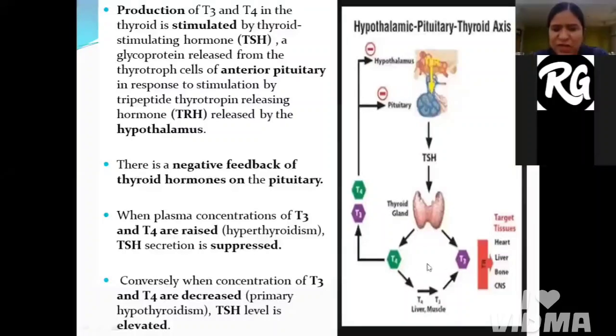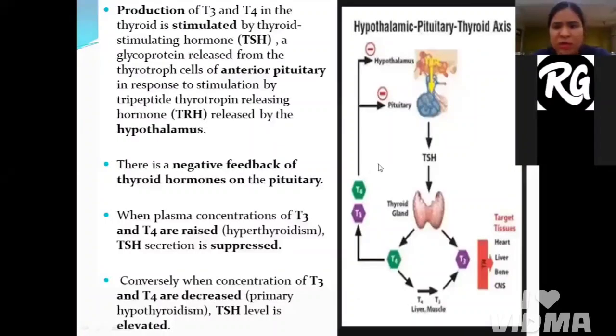And what do T4 and T3 do? The target tissues are the heart, liver, bone, CNS, and all the nucleated cells of the body. T4 is also converted to T3 in the liver, muscles, heart, and kidney.